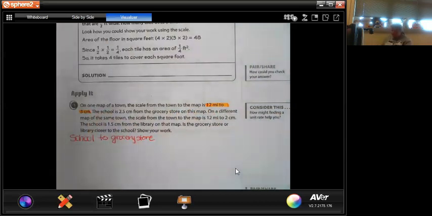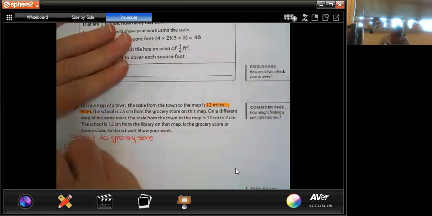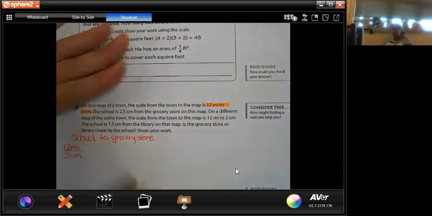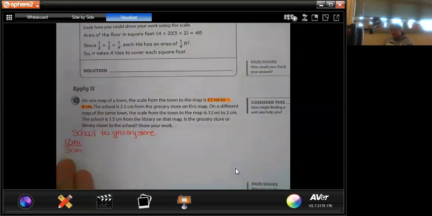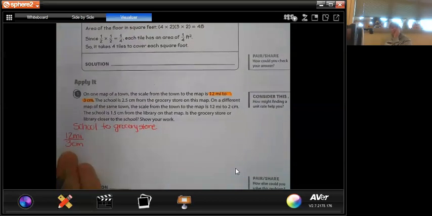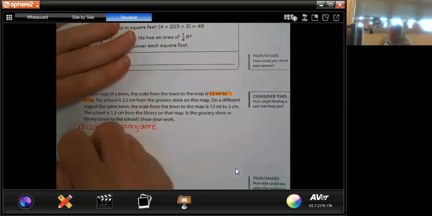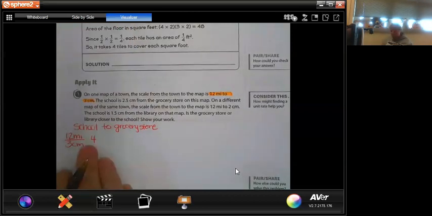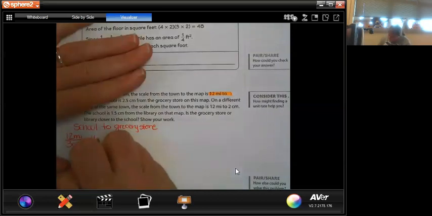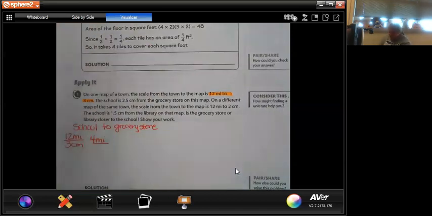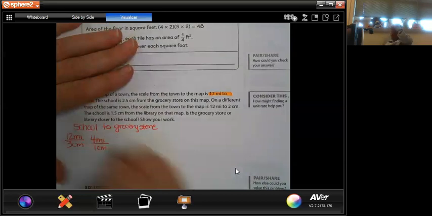That is our rate. So to find our unit rate or our scale, we're going to divide this, and it comes out to be 4. What it really means is for every 4 miles in real life, it's 1 centimeter on the map.